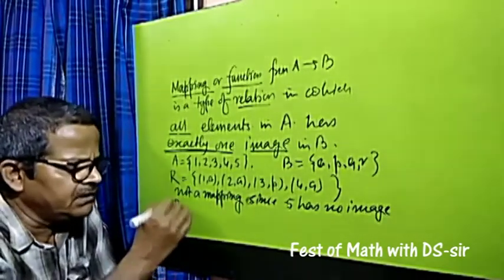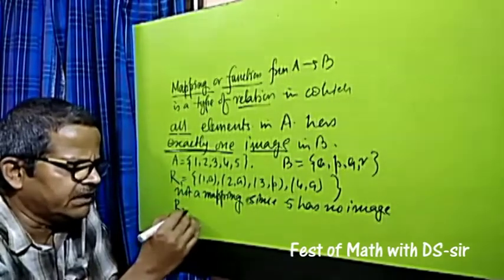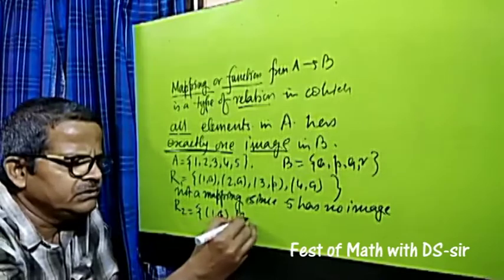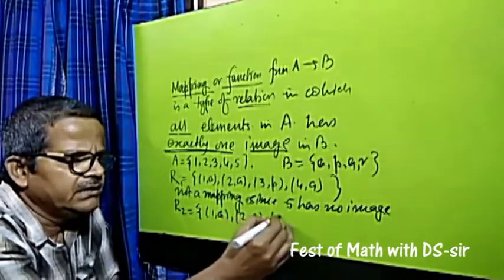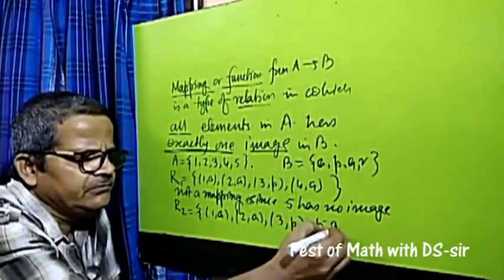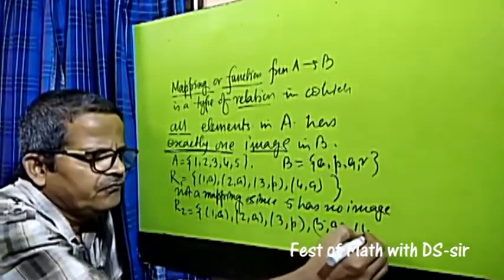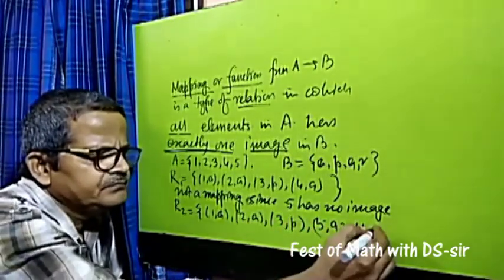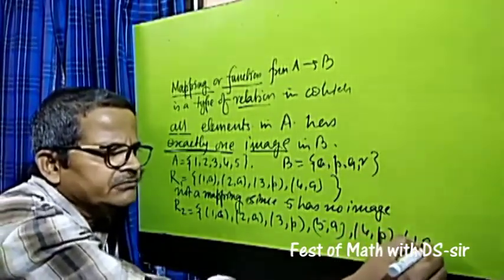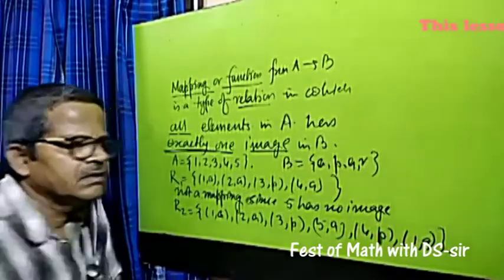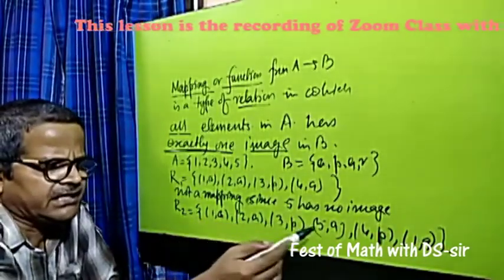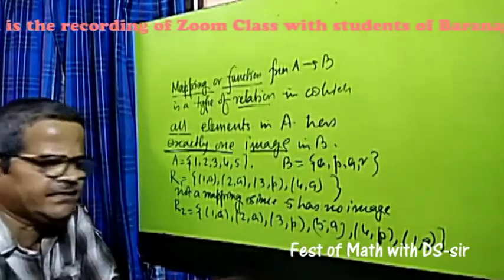For example, let's see, this is R1, this is R2. We consider (1, a), (2, a), (3, p), (5, q), (4, a), (4, p), and (1, q). Now see, 1 has image, 2 has image, 3 has image, 4 has image, 5 has image.